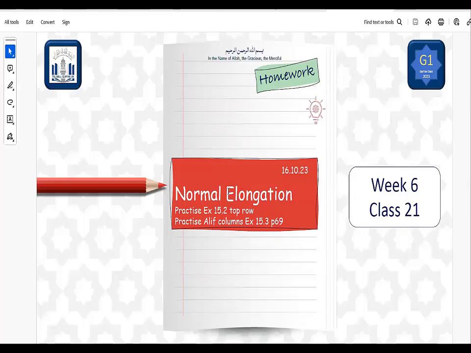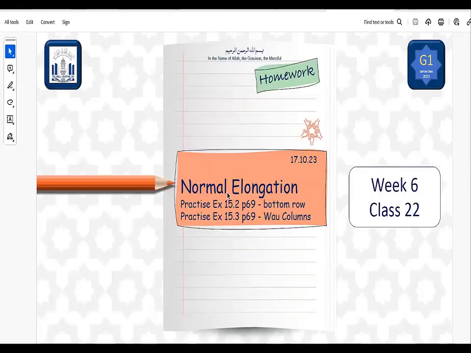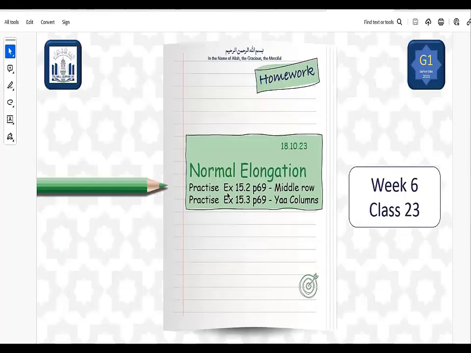For the homework, as it is class 23, we will be doing normal elongation as we've been doing today. Please practice exercises 15.2 and 15.3. They're on the same page, page 69. For exercise 15.2, practice the middle row for Ya Madiyya.